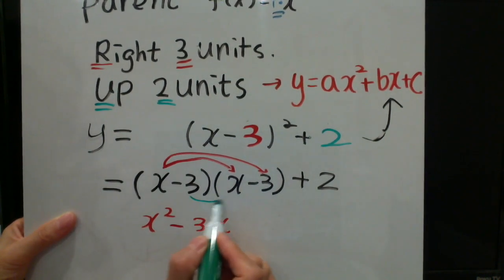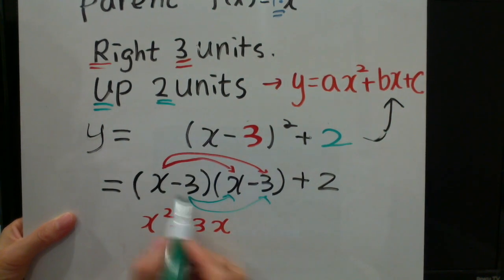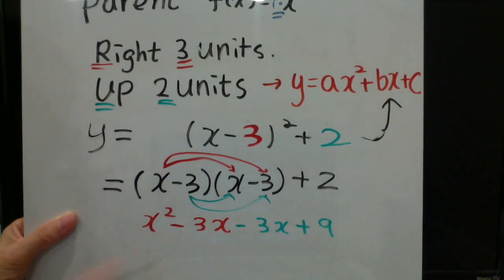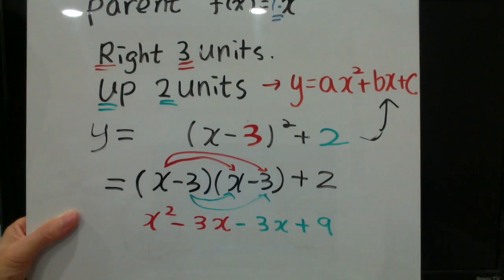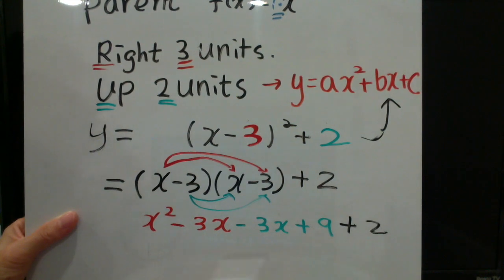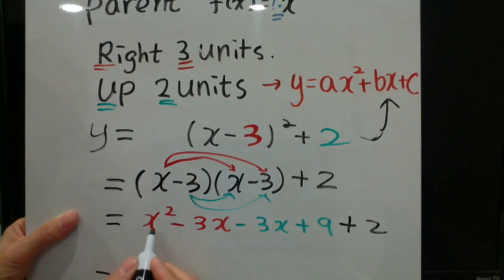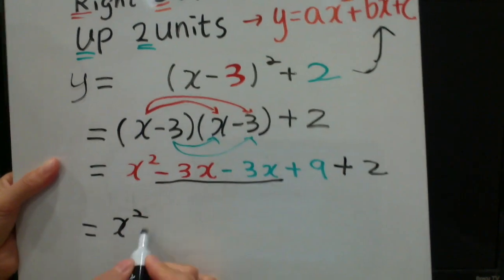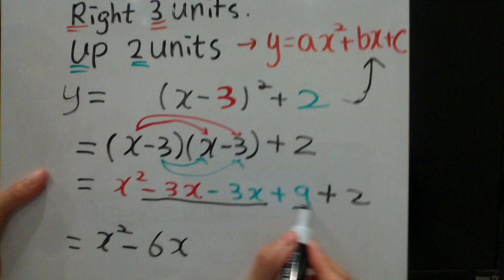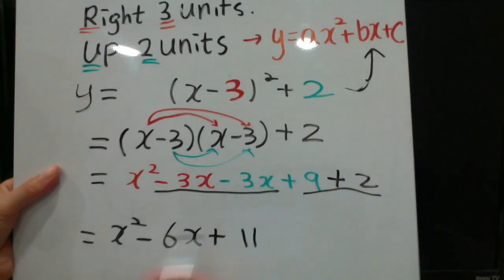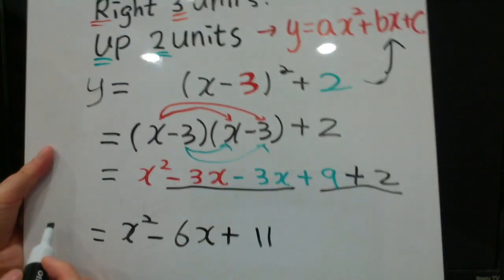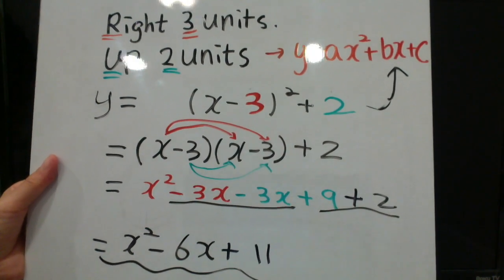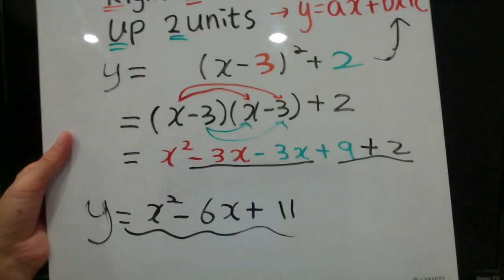And I'll do this. So it will be negative 3x plus 9, and the plus 2. Then let's see. x squared, I will add this to negative 6x. This will be plus 11. So the answer is this, right? This is the answer.